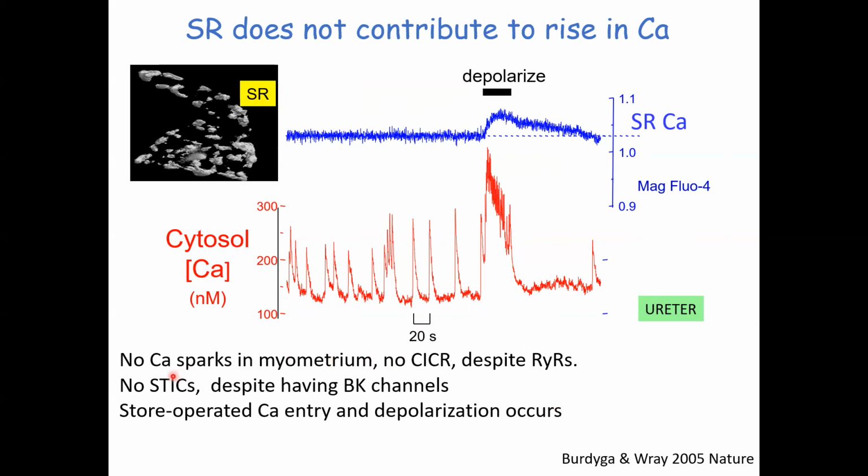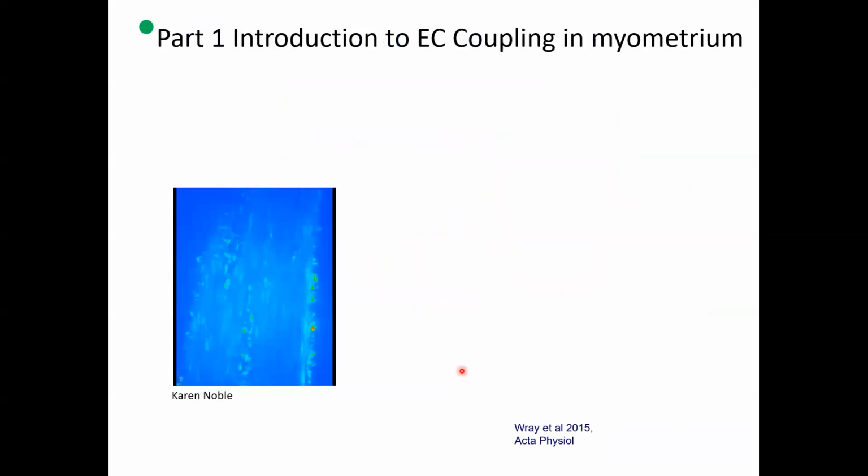And I have to say, there are no calcium sparks in the myometrium, so no calcium-induced calcium release, despite ryanodine receptors, and no spontaneous inward currents, despite having calcium-activated potassium channels. But what we do have is store-operated calcium entry. As the SR depletes, calcium enters and we get depolarization. So it is its own specific tissue.